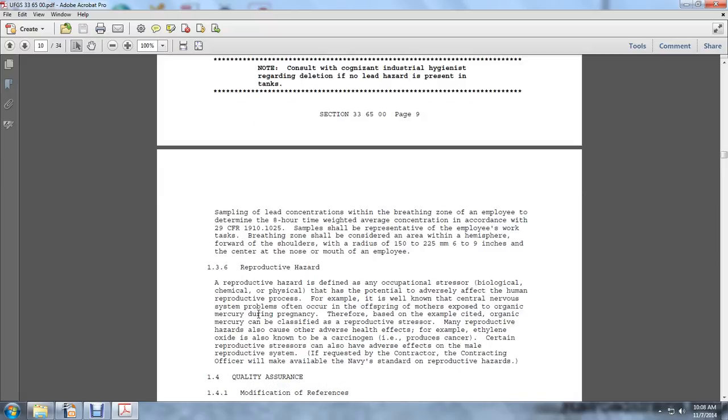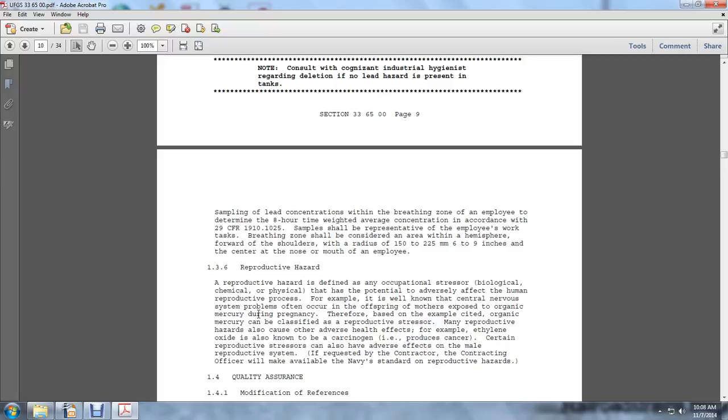1.3.6 Reproductive Hazards. A reproductive hazard is defined as an occupational stressor, whether biological, chemical, or physical, with potential adverse effects on the human reproductive process. For example, it is well known that central nervous system problems often occur in the offspring of mothers exposed to organic mercury during pregnancy. Therefore, based on the example cited, organic mercury is classified as a reproductive stressor.